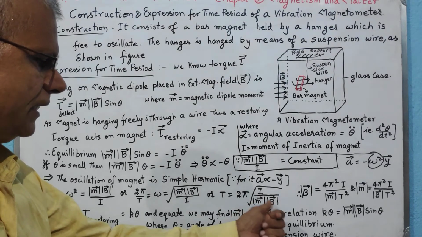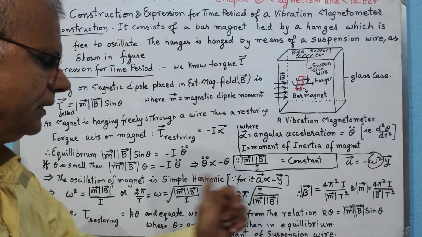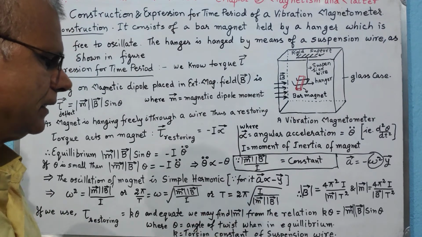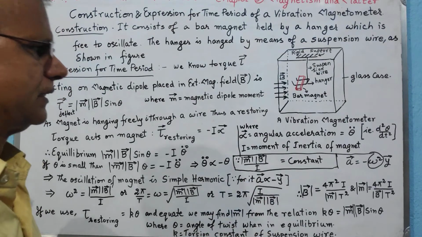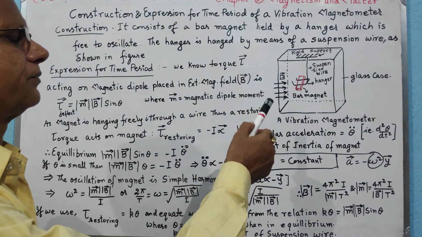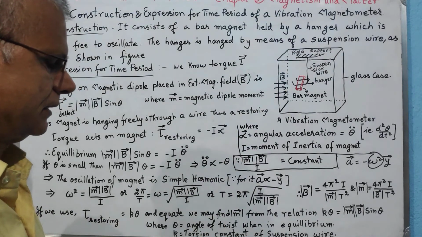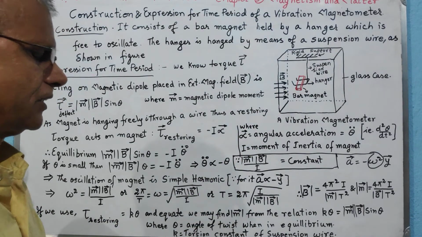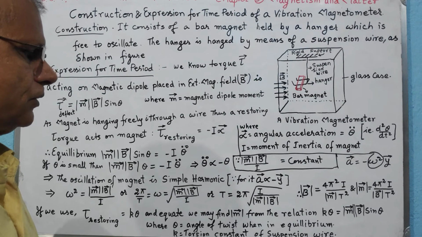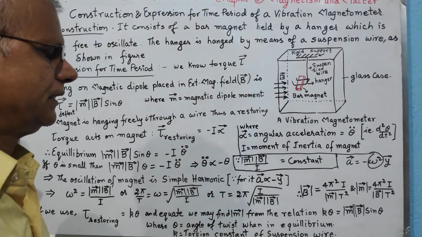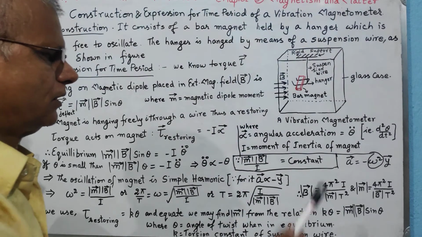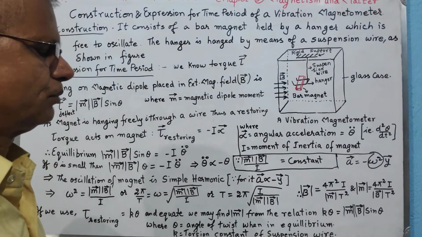Now if you know either of these, the other one can be calculated, because I is the moment of inertia, and it is known to us for a given shape. We have the given value of moment of inertia of the body.